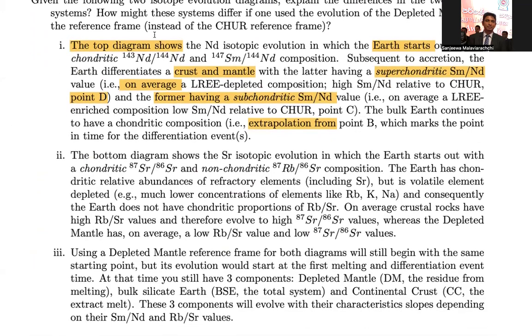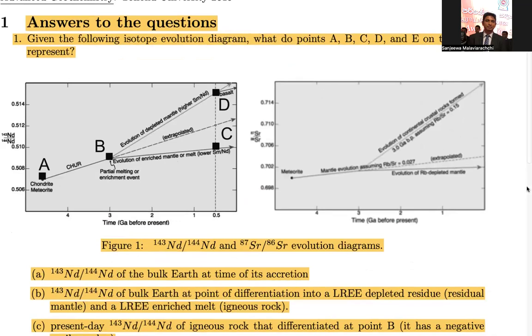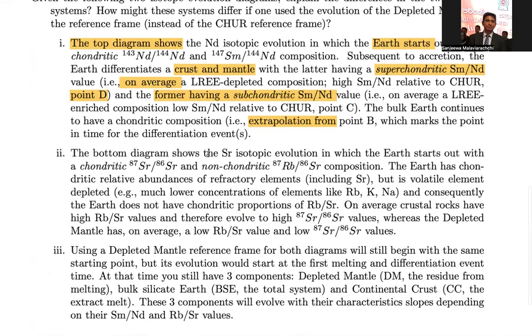And then about the second diagram, the bottom diagram, that means the rubidium strontium diagram, strontium isotope against time. The bottom diagram shows the strontium isotopic evolution in which Earth starts out with a chondritic strontium ratio and a non-chondritic rubidium strontium composition.